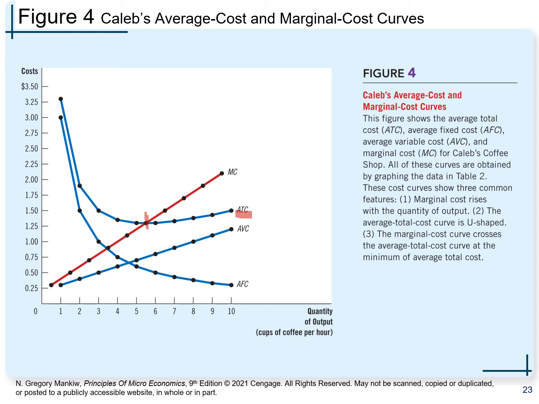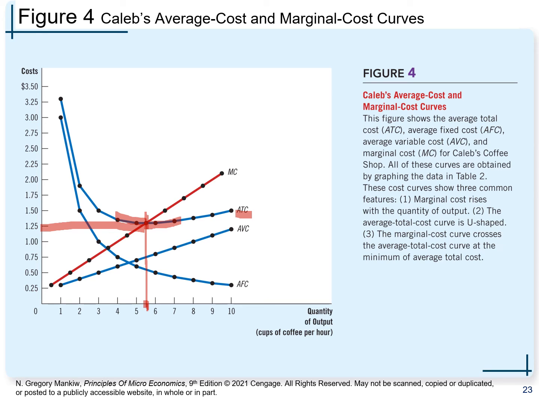There's nothing to memorize here, but you've got to get the concept. I want you to be able to analyze all these curves visually. This is the efficient point, we call it. At this point here, if we just produce this amount, which is about 5.5, the cost would be minimized, at $1.25 per unit.